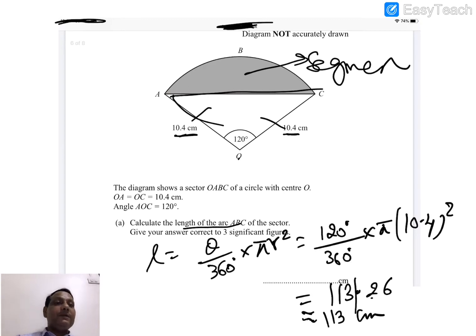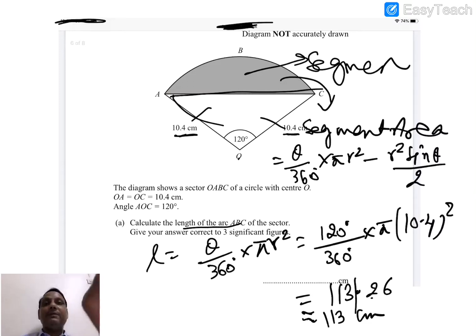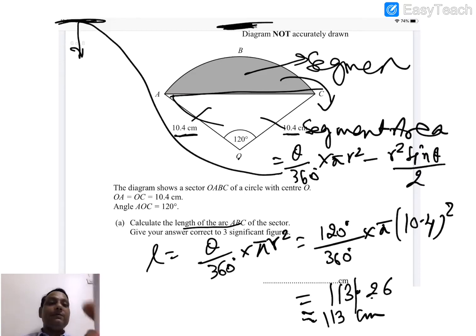Now suppose I am asked how to calculate the segment, this segment area. So we'll do the same thing: theta over 360 times pi r square, minus r square sine theta divided by 2. Alright, let me clear the screen so you all can understand, or better I will not rub it out because kids can do it easily. I'm just working here, you all can see.